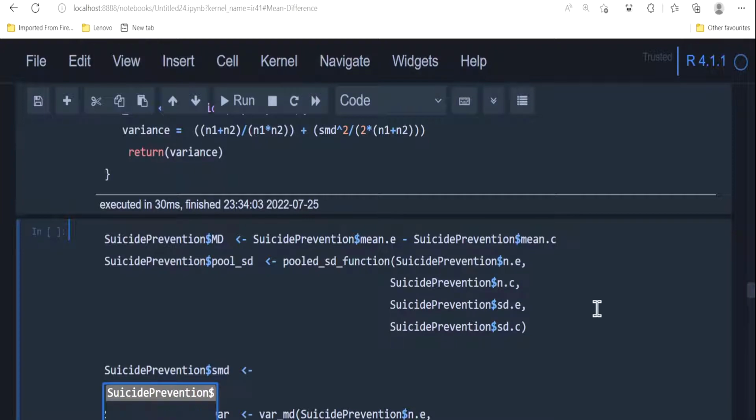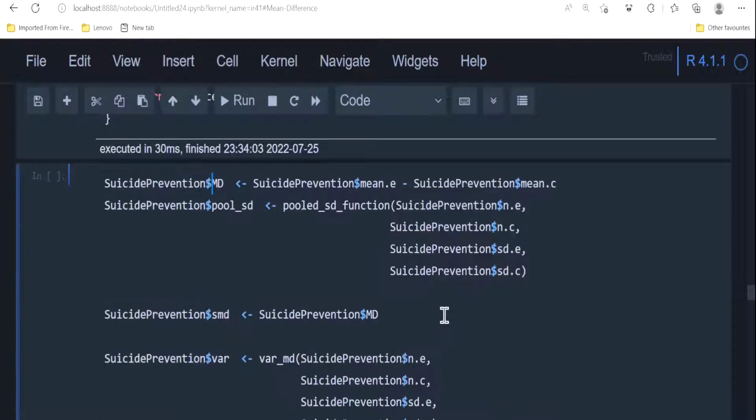For that, the standardized mean difference is calculated by, first I need to calculate the mean difference. I already have the mean difference. So that means first I need to calculate the standardized mean difference, and then I will multiply it because I would like to have the G, Hedges' G. So I can create Hedges' factor as an equation and then put it there. The simple standardized mean difference will be the mean difference divided by the pooled standard deviation.